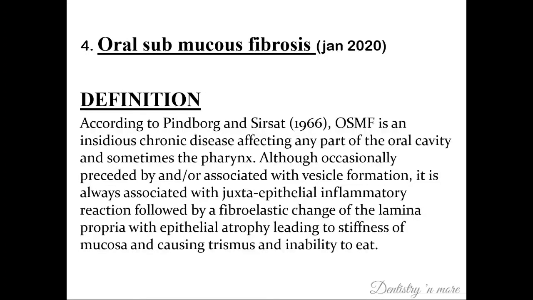You should know this definition, because at times even in your practical viva this question can be asked. What is the definition for oral submucous fibrosis? That was given by Pindborg and Sirsat in 1966, and you can refer to it in the textbook of oral medicine by Ravikiran Ongole. He has given the definition for this.